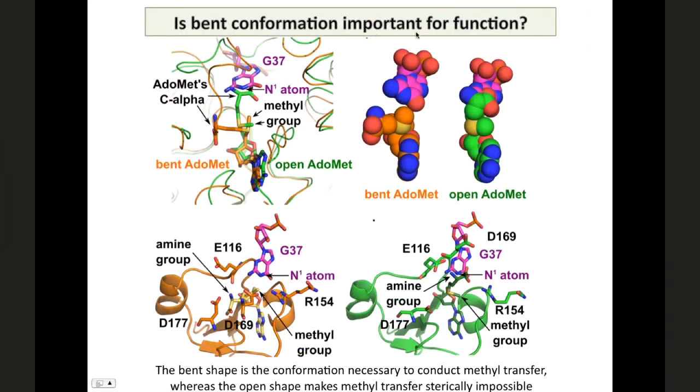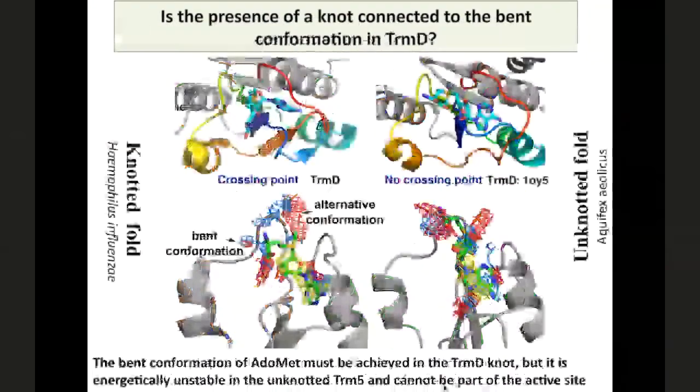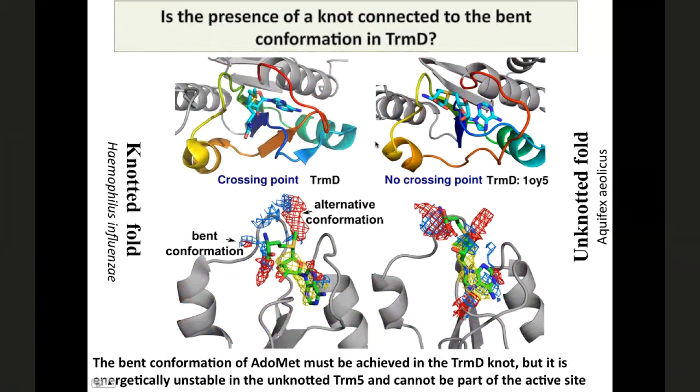I told you before that the knotted protein binds the ligand in a bent conformation, while the unknotted protein binds the ligand in the open conformation. And, to make this story shorter, we can find that this bent shape is the conformation necessary to conduct the methyl transfer, where the open shape makes the methyl transfer strictly impossible.